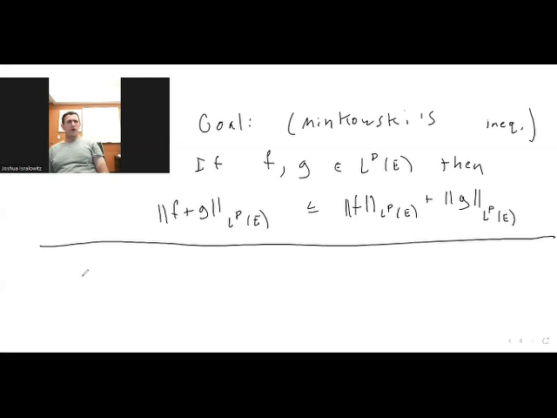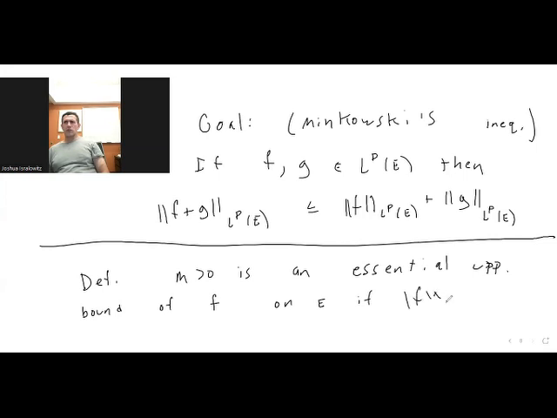Right, so a little definition. M bigger than 0 is an essential upper bound of f on E if the following is true.